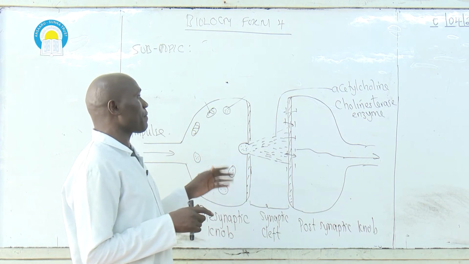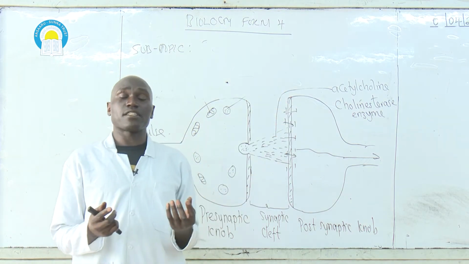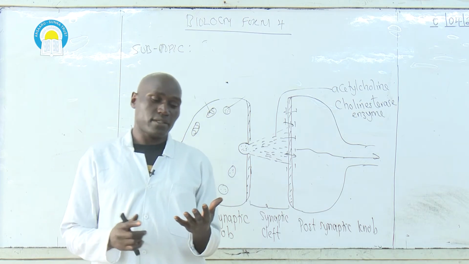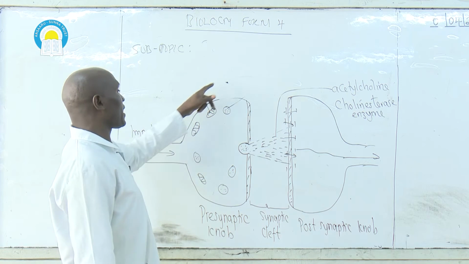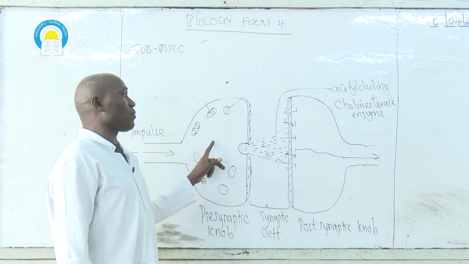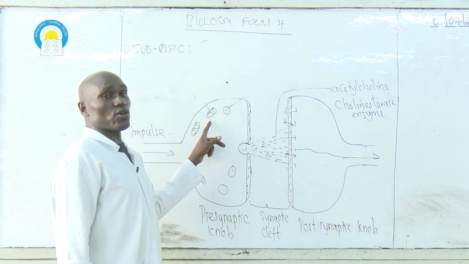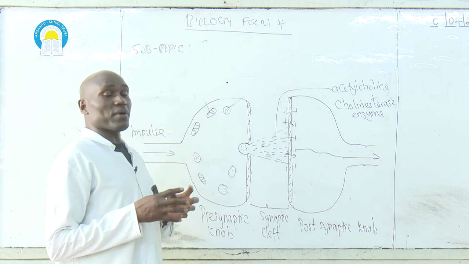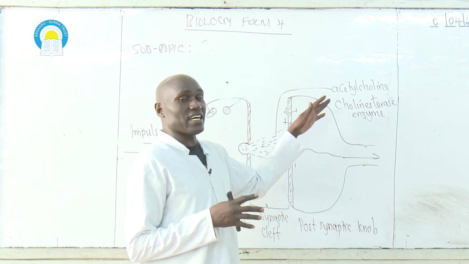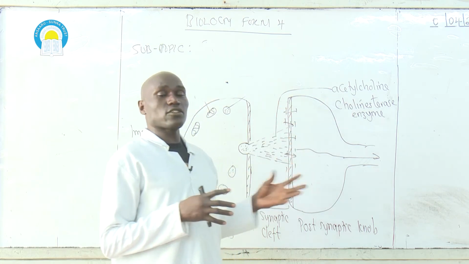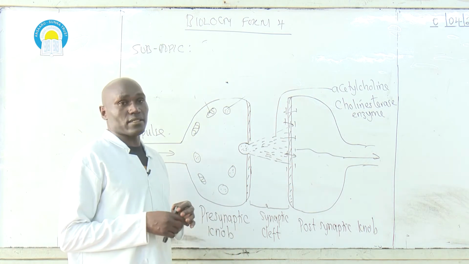At the same time, the two chemical substances formed from acetylcholine, that is choline and acetic acid, will be taken back into presynaptic knob, where energy from mitochondria will be used to combine acetic acid and choline to form another acetylcholine.